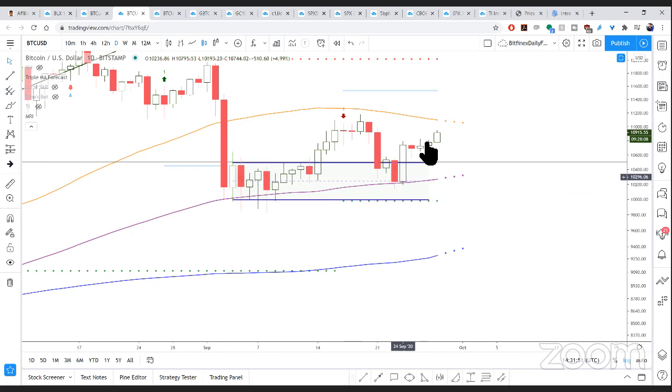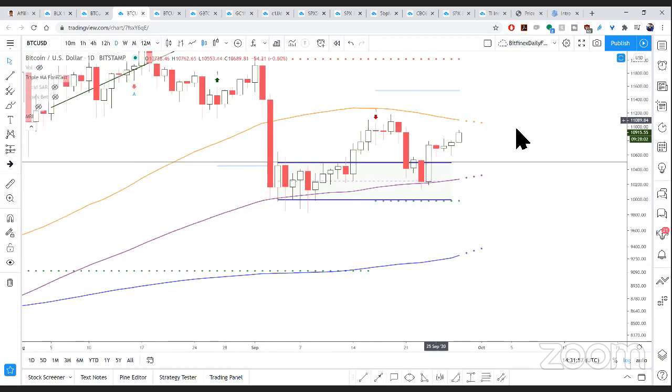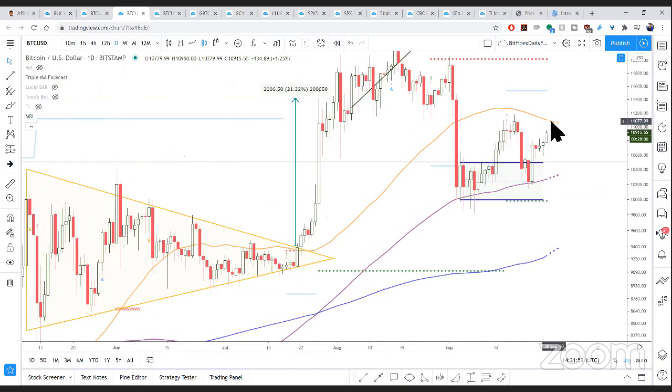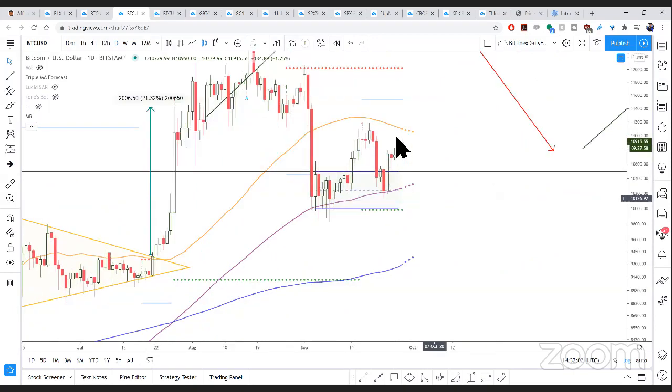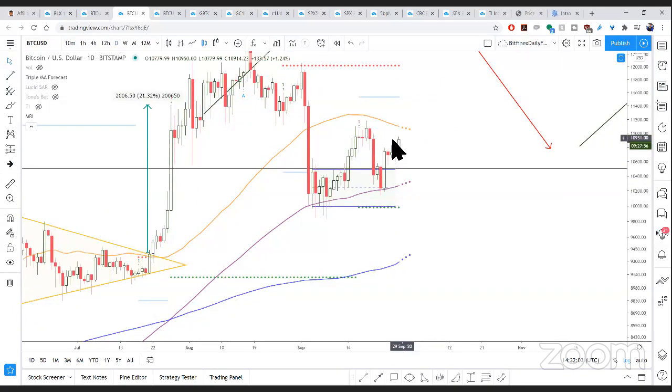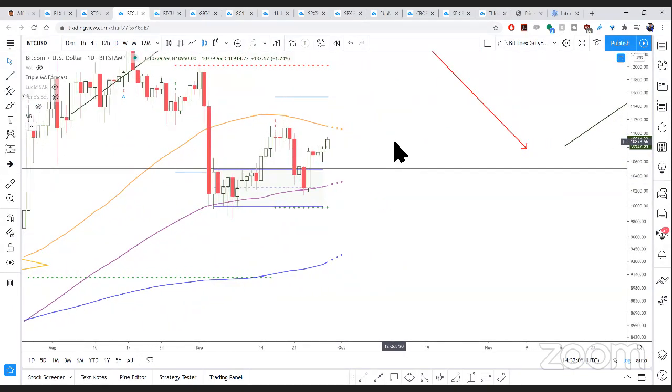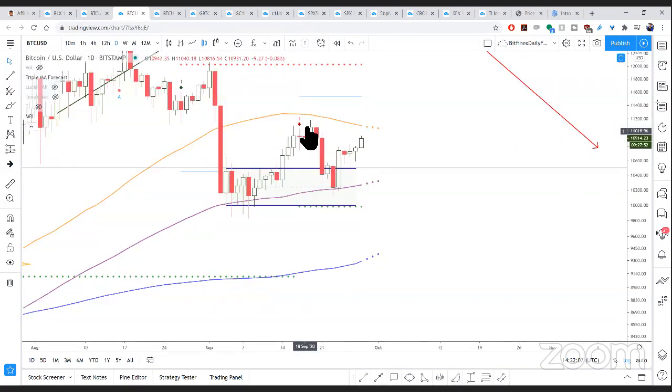So this is looking nice, and we are rallying back to the prior swing high and this now declining 50-period moving average. So here's the good and the bad. The good, the bullish part of it, is that when you approach this double top, there's a higher probability of breaking out. But here's the bad news. This moving average is a high probability of a rejection.